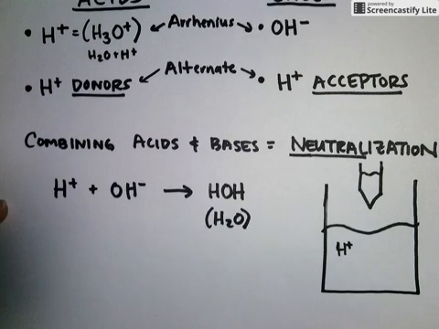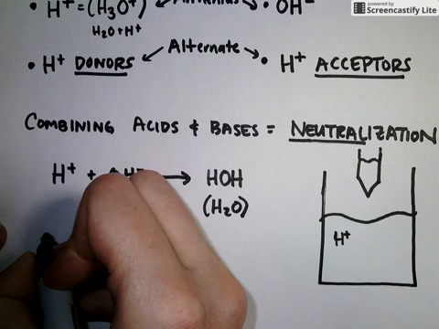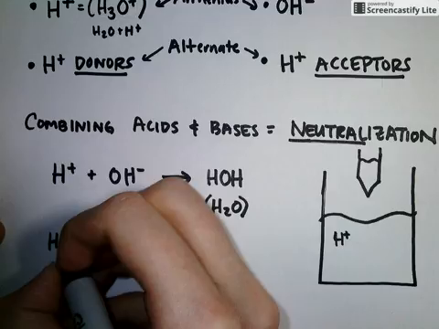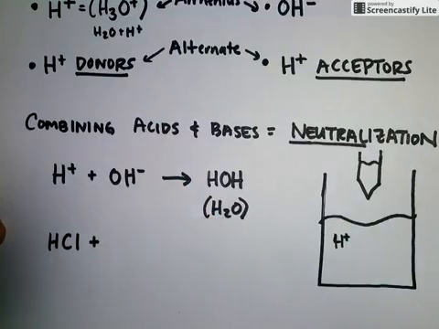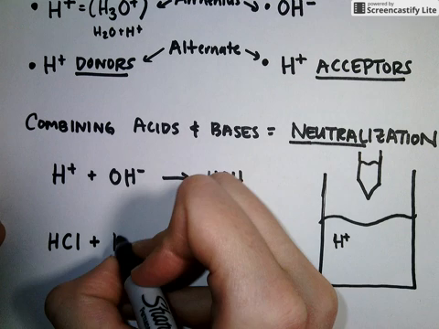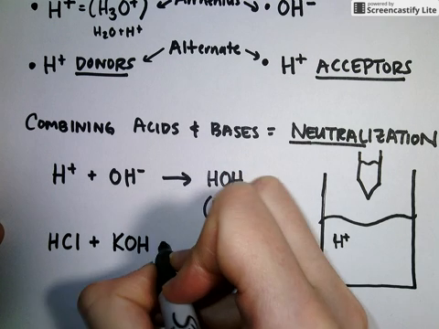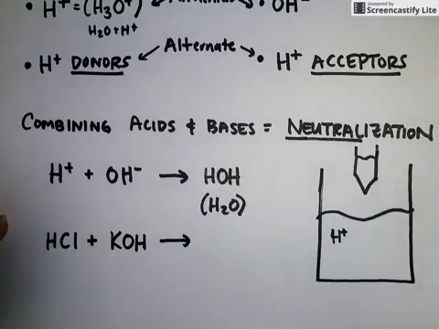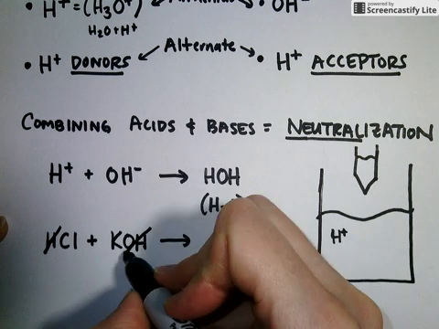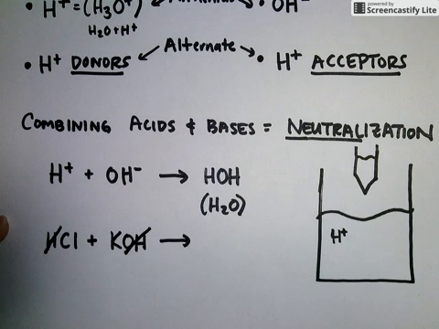So let's take a real example of an acid from Table K, HCl, and combine it with a base from Table L, maybe KOH. This procedure produces another product. Here's the H+ from HCl that makes it acidic, and the OH- from KOH that makes it basic.